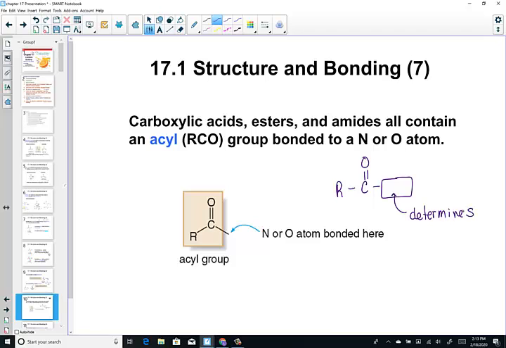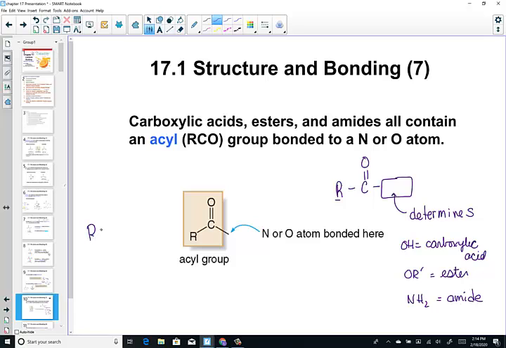If this is an OH, we know to call it a carboxylic acid. If that is an OR, and I'll put a prime there so you know it's different than the other carbon here, you know to call it an ester. And if it's an NH2 or some derivative there, you know to call it an amide. So looking at the next door also lets you figure out what functional group you have.